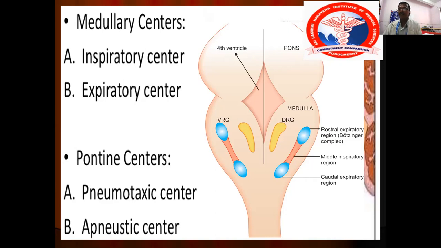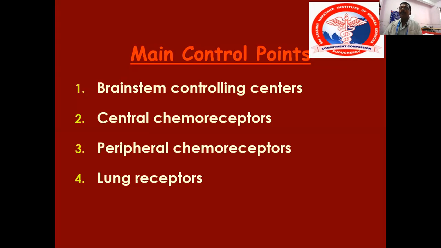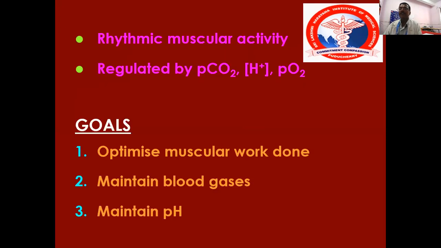And the pontine centers are the pneumotaxic center and the apneustic center, which are located just above the medulla. The main control points are, as I told, the brainstem controlling center, central chemoreceptor, peripheral chemoreceptor, and lung J receptor. All this comes under the nervous regulation.